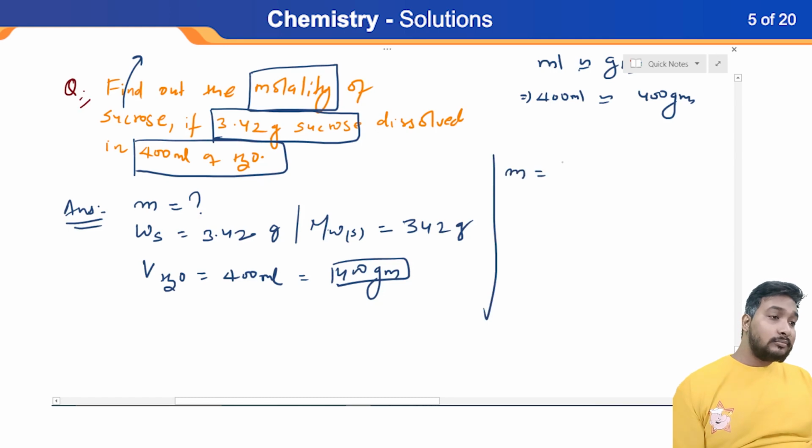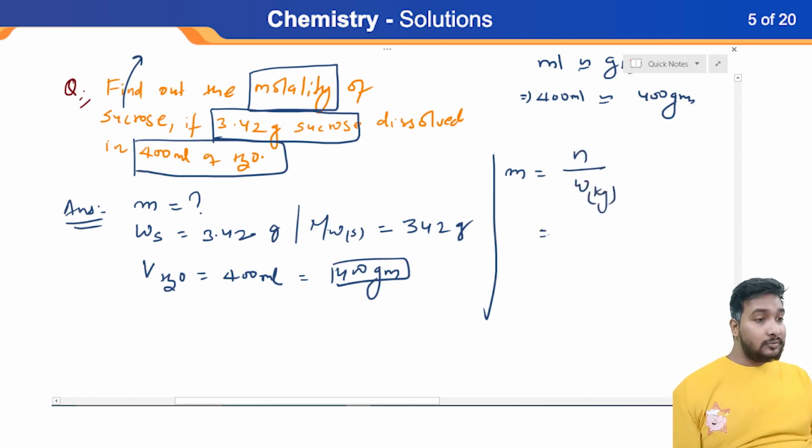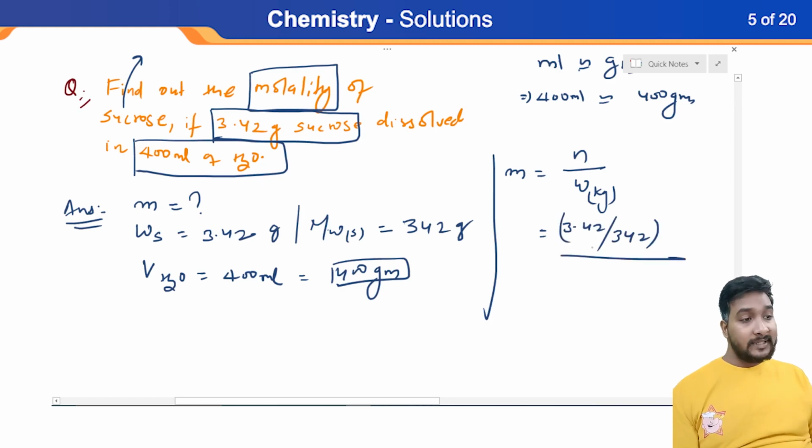Small m is equal to moles upon weight in kg of solvent. So moles should be weight by molecular weight, upon weight in kg of solvent, that is 400 grams, but it should be in kg, so 400 into 1000 to the power minus.